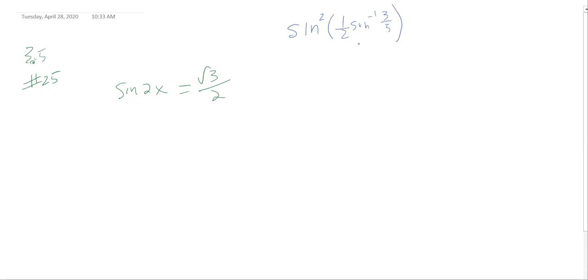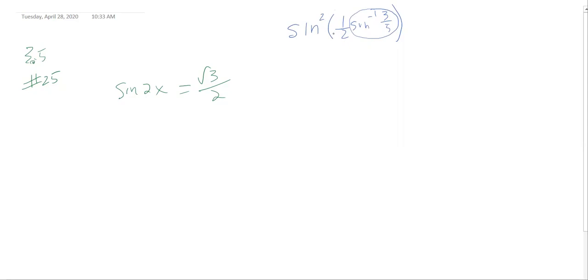Okay, so the problem with this one is, yes, it is this one. We have to figure out what this is first. See, the half is kind of ruining everything.